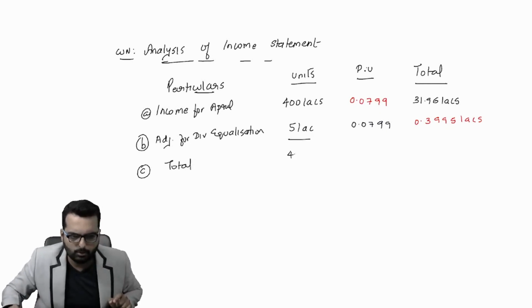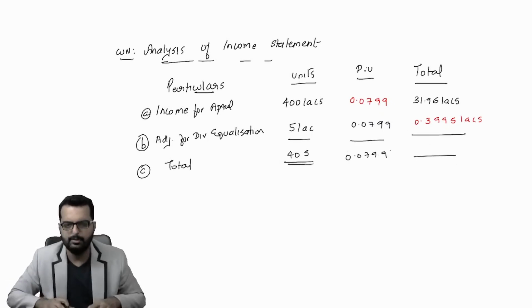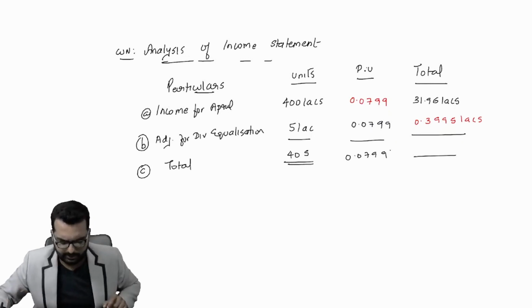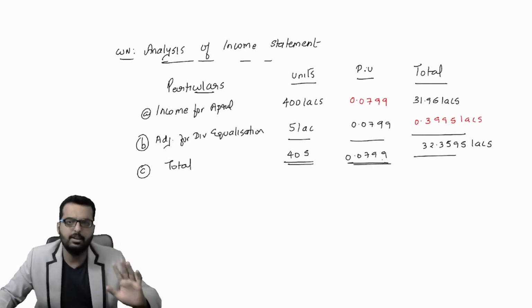So once I get this, I will take the total. So now what is my total? Total will be 405. This will remain at 0.0799. Here you will get 32.3595. All right. I believe everybody is clear with this part. I'll give you a minute. Write down till here.